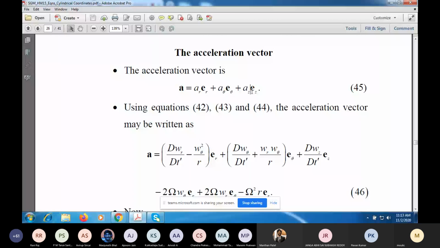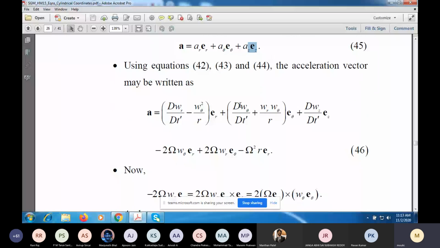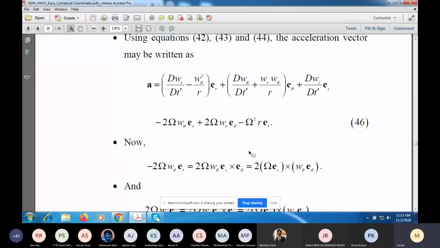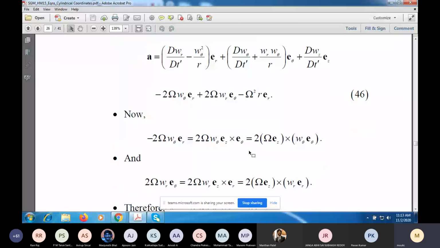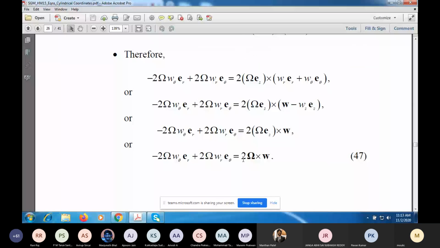We substitute the expressions using the relative velocities, and you have these three terms which are similar to what we have seen before in the stationary frame, and you have additional terms. These are the Coriolis terms, and this is the centripetal term. And it's easy to show that these two can be expressed in this form: twice omega vector cross the relative velocity.